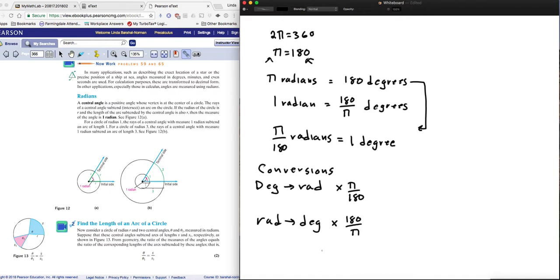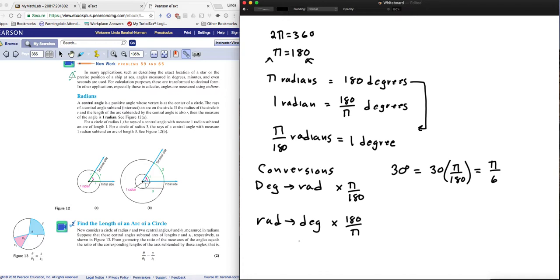So if I have an angle that is 30 degrees, and I want to convert that angle to radians, I am going to take 30 degrees, multiply by pi over 180, and then reduce my fraction. So that is going to be pi over 6.